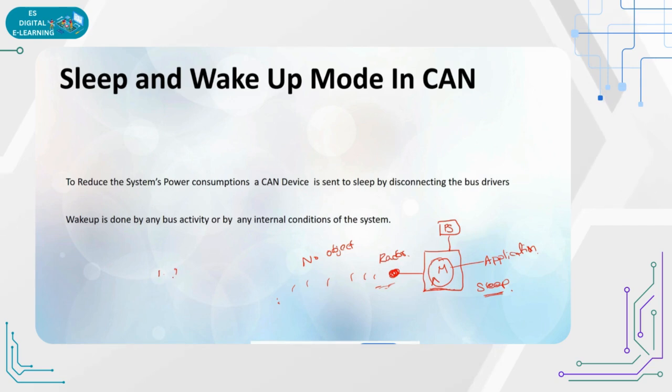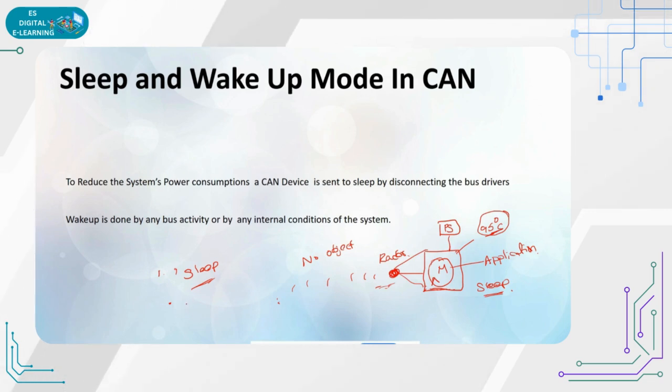Another point: suppose the temperature should always be below 95 degrees, which is the higher limit. If it crosses more than 95 degrees centigrade, the controller of the radar sensor will go into the sleep state, which means it won't work. It says, I need rest.